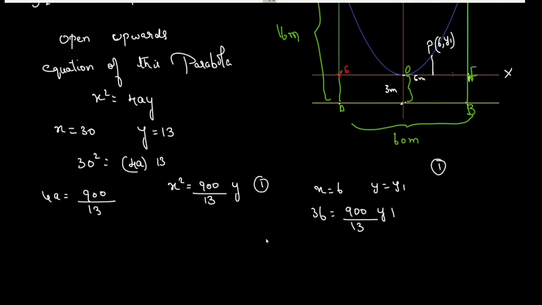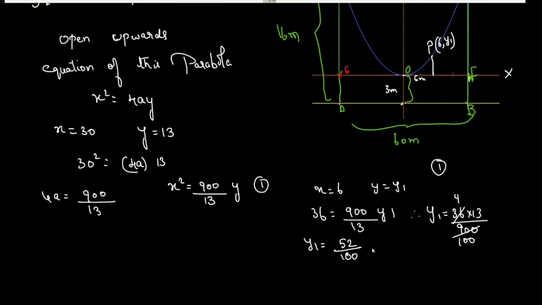So y1 is equal to 36 into 13 by 900. 9 fours are 36, so y1 is equal to 52 by 100, that is equal to 0.52.